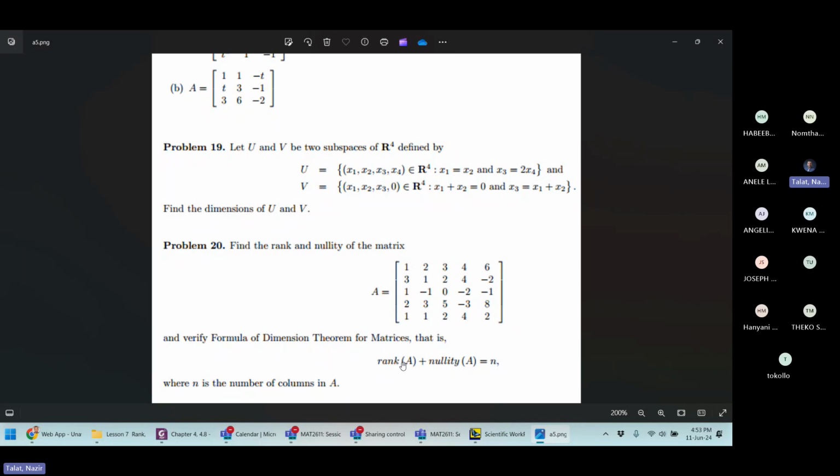If the rank is 1, then nullity must be 4, because 1 plus 4 is 5. This is always true. That's why one can verify this formula, the dimension theorem of a matrix, which is also called the fundamental theorem of linear algebra. So this is today's lesson.